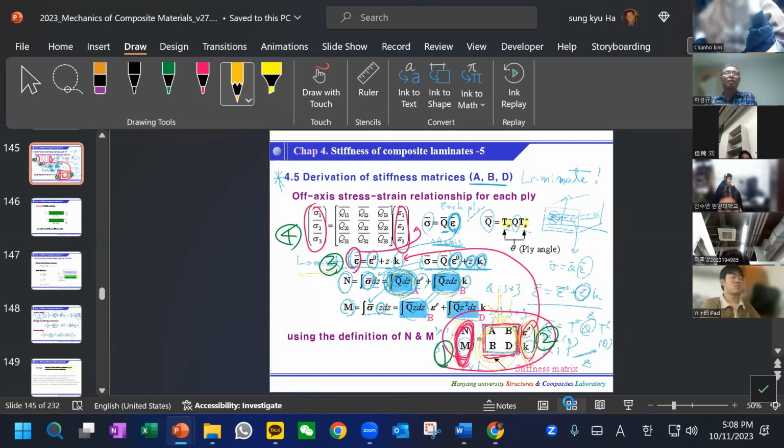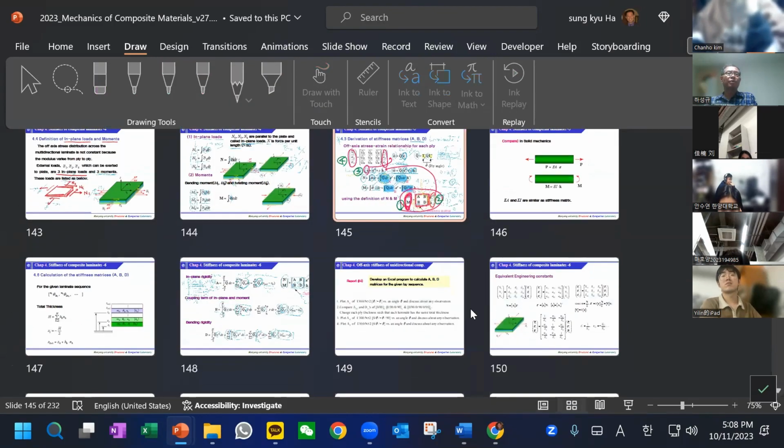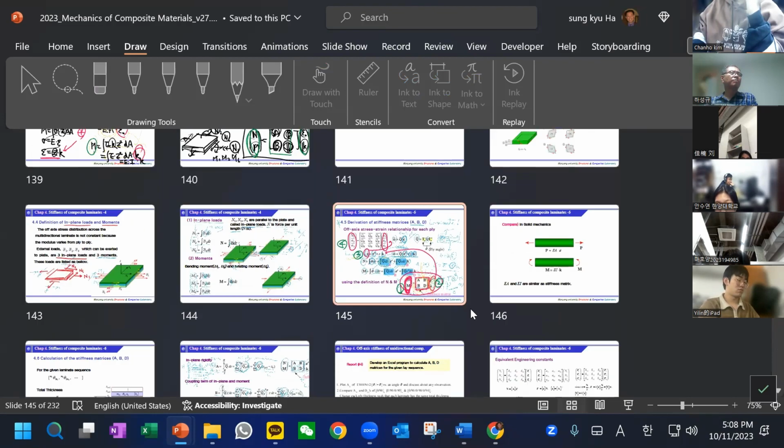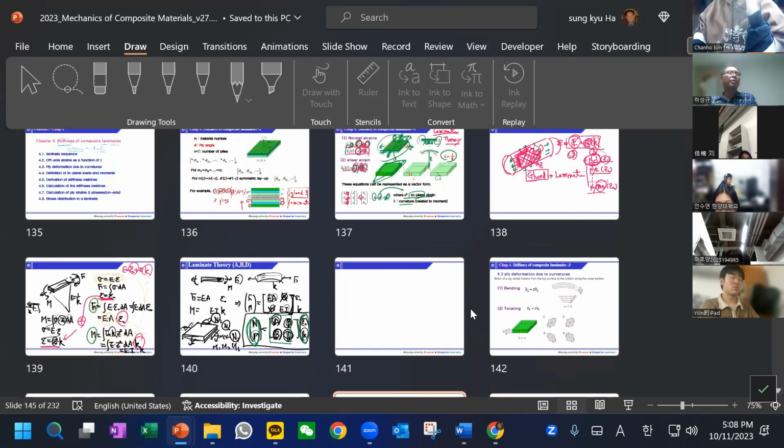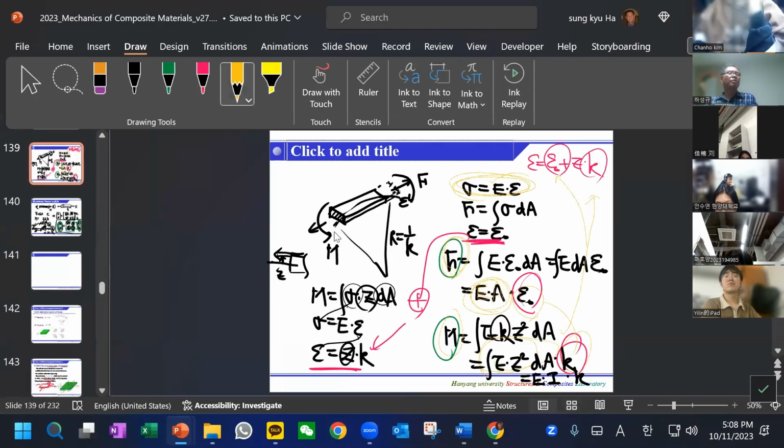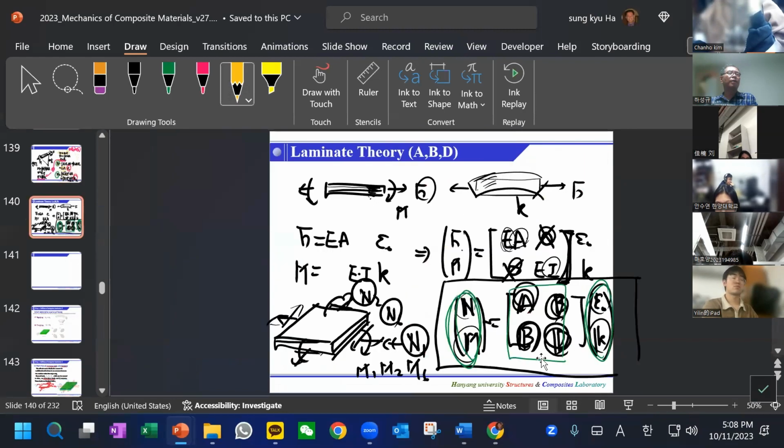Okay, that is the flow. So we didn't touch much equation, but conceptually, we mainly went through the steps from extension of isotropic materials and extended to composite materials.